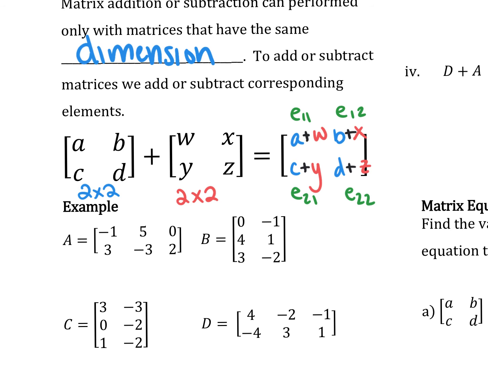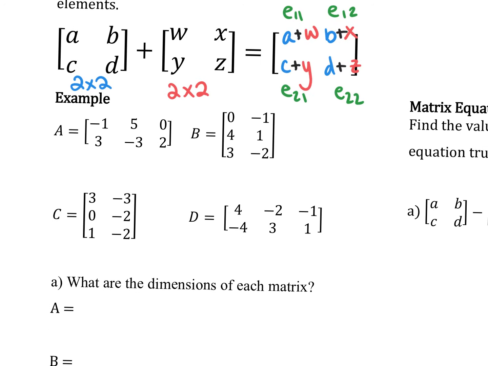So here, let's go ahead and try this. I have 4 matrices. The first thing I'm going to do for each matrix is identify its dimensions. Matrix A, what are the dimensions? A is a 2 by 3, 2 rows by 3 columns. B is a 3 by 2, 3 rows, 2 columns. C is a 3 by 2, 3 rows, 2 columns.